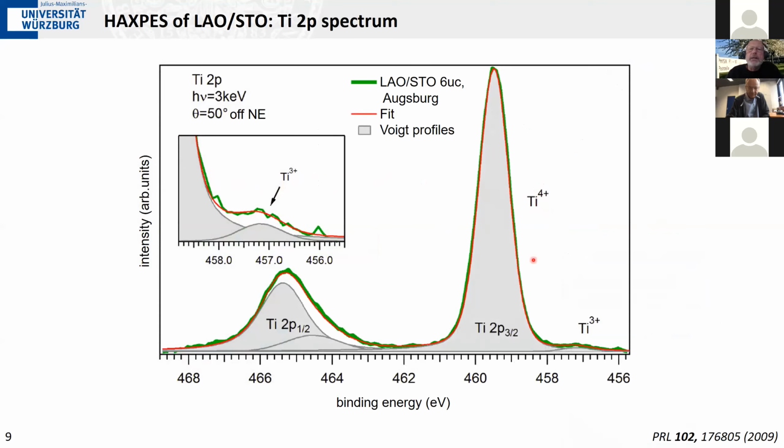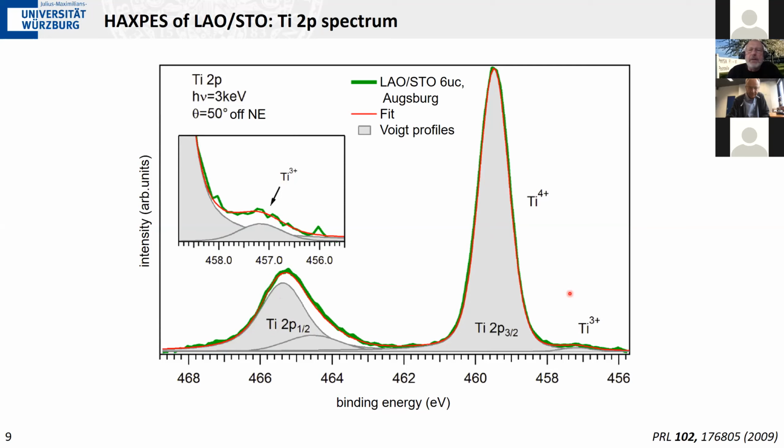And what I show you here is the spectrum of the titanium 2p core level. It's actually a doublet because of the strong spin-orbit coupling in the 2p shell. And in principle, if you would do the experiment on bare strontium titanate, you would just see two peaks, namely the 2p 3/2 and the 2p 1/2.